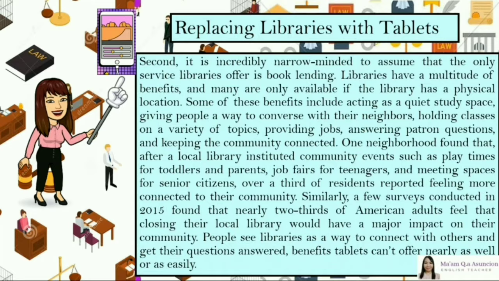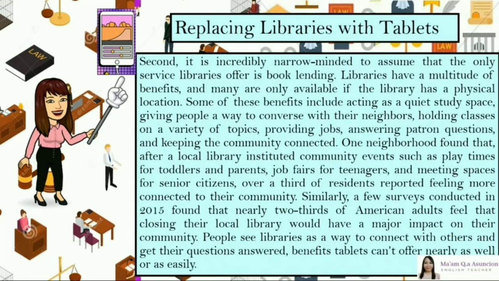One neighborhood found that after a local library instituted community events such as playtimes for toddlers and parents, job fairs for teenagers, and meeting spaces for senior citizens, over a third of residents reported feeling more connected to their community.